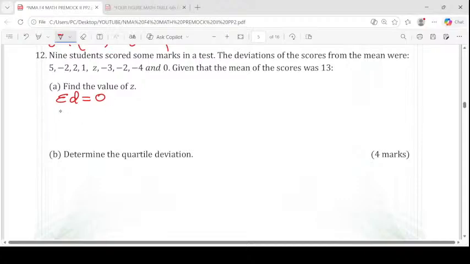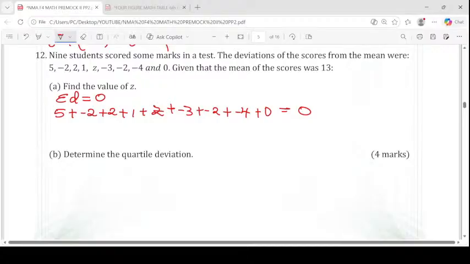This means when I take 5 plus negative 2 plus 2 plus 1 plus z plus negative 3 plus negative 2 plus negative 4 plus 0, this summation should be 0.